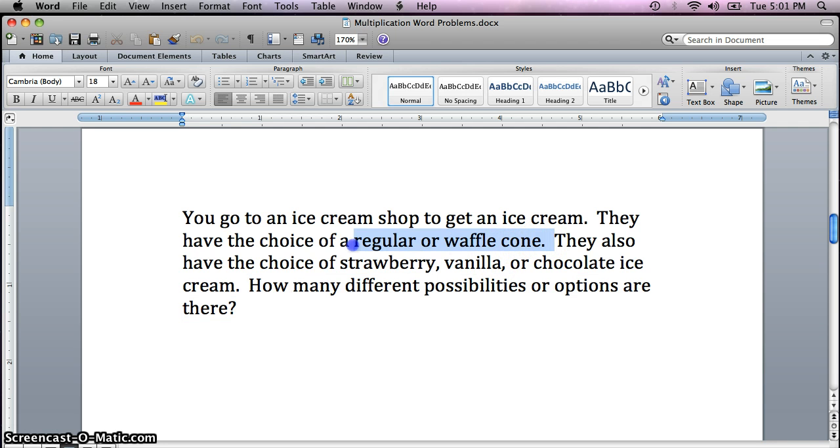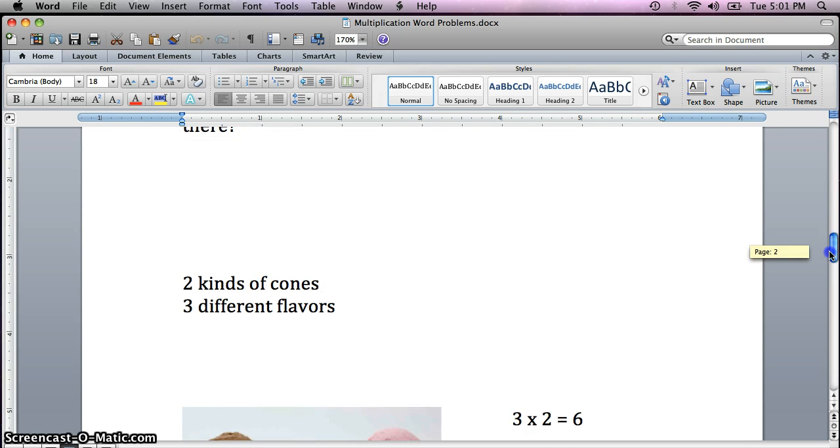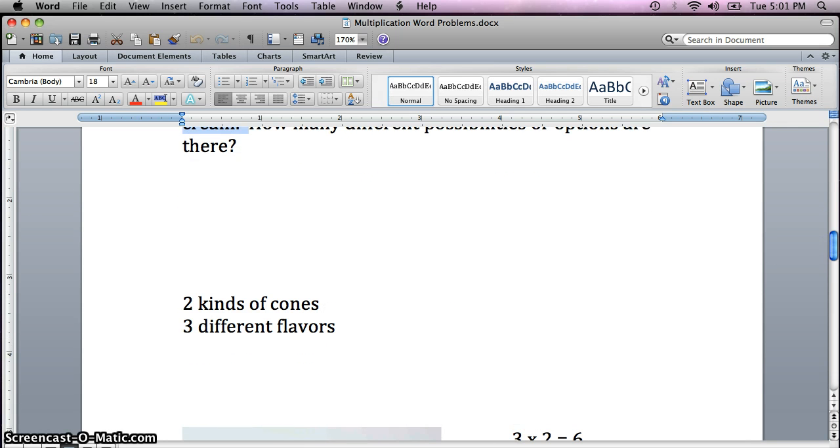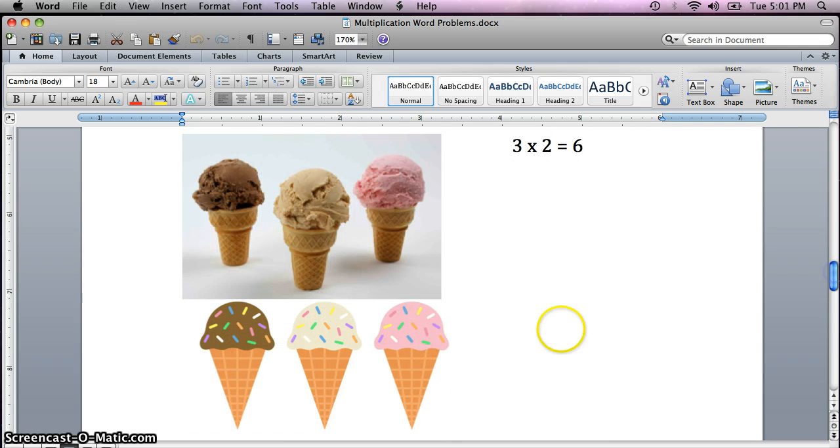We have a choice of a regular or waffle cone, and we also have the choice of strawberry, vanilla, or chocolate ice cream. I think we should write those down. We have 2 kinds of cones and 3 different flavors of ice cream. This also can be visually represented in a picture down here. We see that up top these are our chocolate, vanilla, and strawberry ice creams in a regular cone, and down here they look a little bit different, but we still have chocolate, vanilla, and strawberry ice cream in a waffle cone.